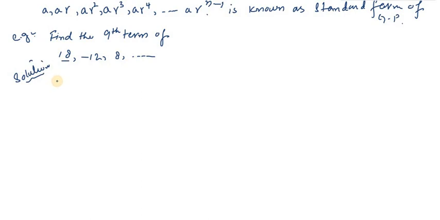Here the first term is A, that is 18, and the common ratio we find by the formula A sub n plus 1 upon A sub n. Also, we say this term A and this term B, so B upon A is what we use to find the common ratio. So minus 12 upon 18.